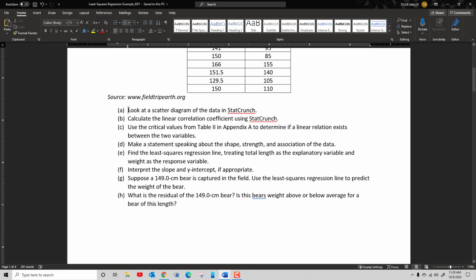So these are the tasks that we want to do. The first thing when you're looking at some data, remember you want to start with looking at a picture first, right? So I have here a look at a scatter diagram of the data in StatCrunch.